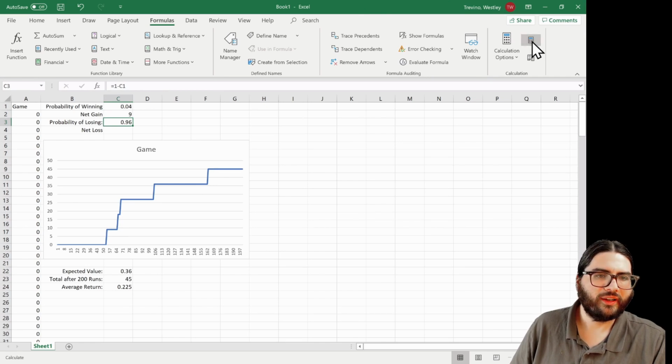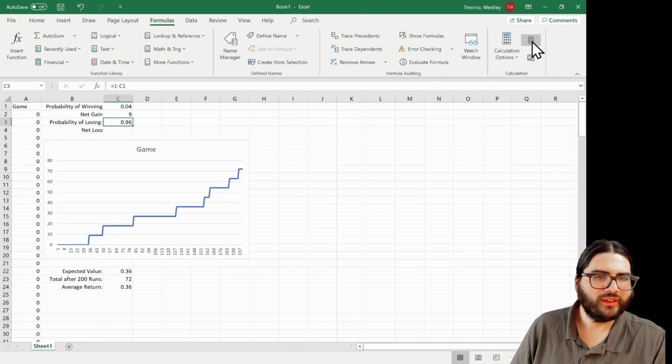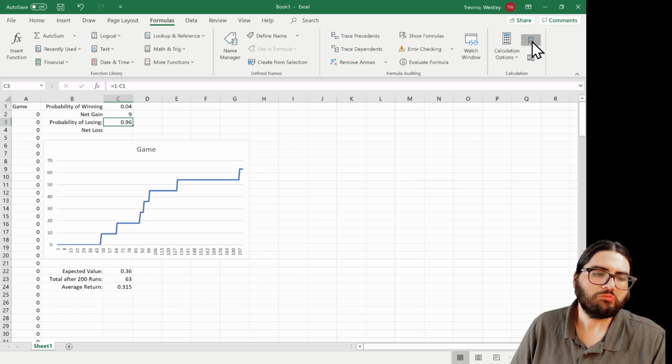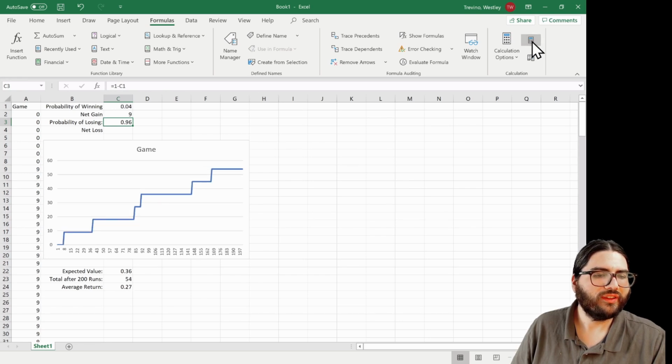I can click my calculator button here to redo it. You can see this one has even more games. So over the course of 200 games, I might have between 3 and 10 wins.